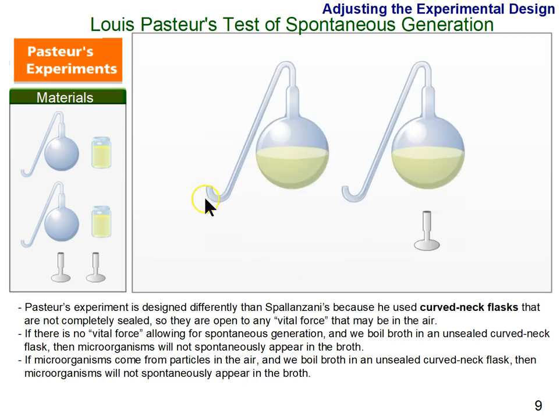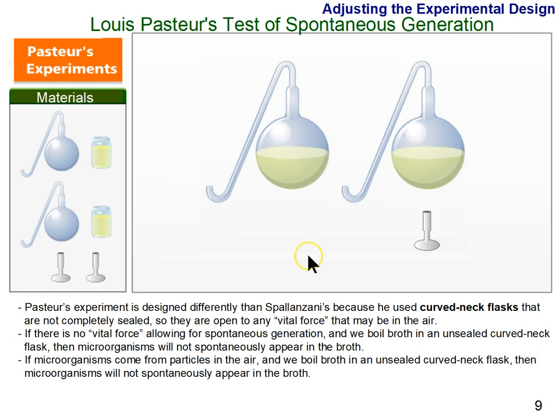So the idea here is that the particles in the air, the microorganism spores, can't make it past this curve in the neck of the flask. They can't go all the way past this curve and all the way up this tube to get to the broth.